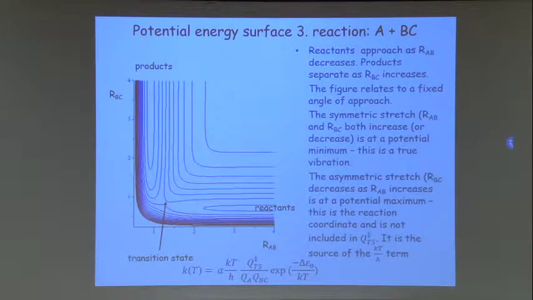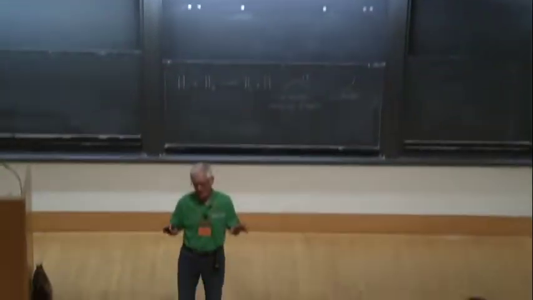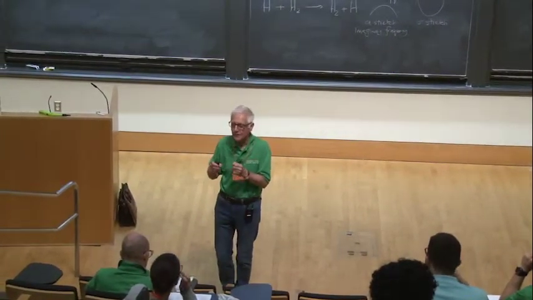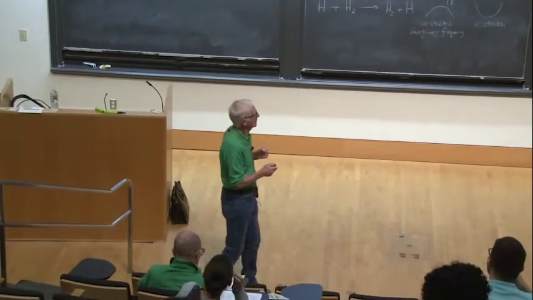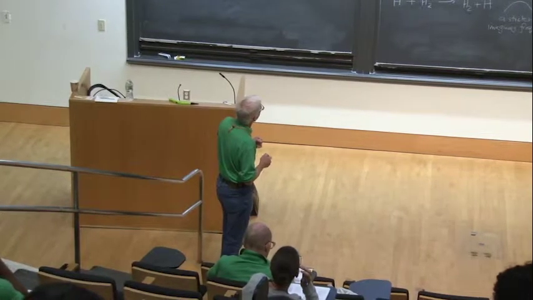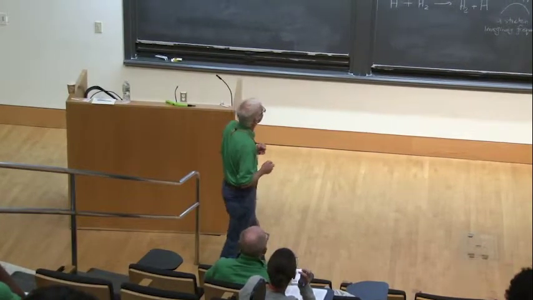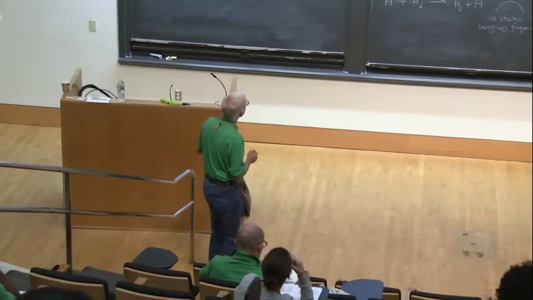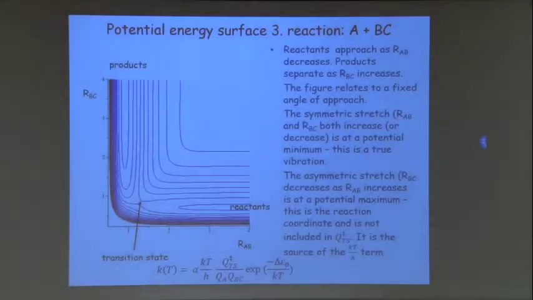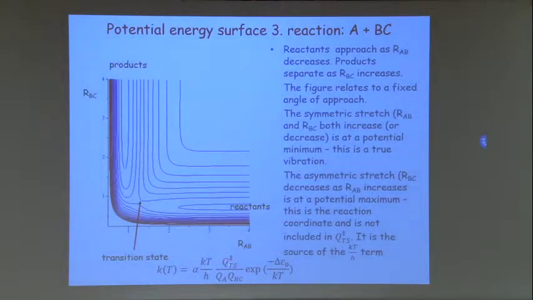We haven't gone through quite where transition state theory comes from, but when you do, you take out this imaginary vibration, or effectively a translation, and it becomes this kT over h term here in the expression. And so there's the final expression for the rate constant in transition state theory. These, remember, are partition functions divided by volume, and alpha is an extra factor, and primarily it's used to describe quantum mechanical tunneling.